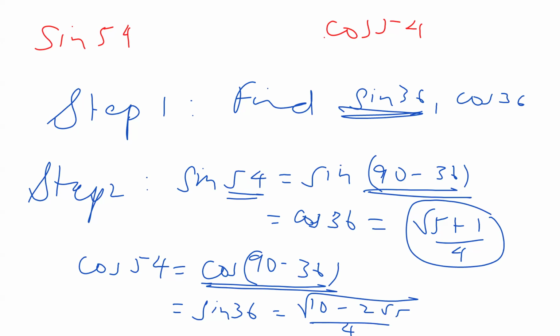Similarly, we'll calculate sine 72 and cos 72. Now 72 plus 18 is equal to 90.